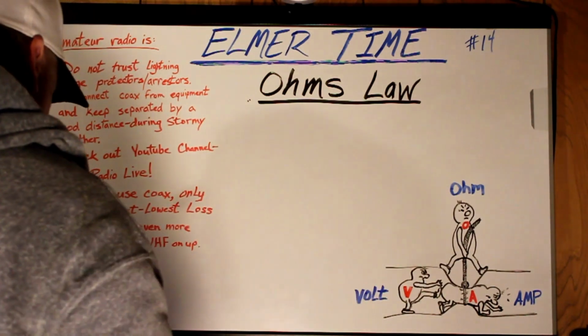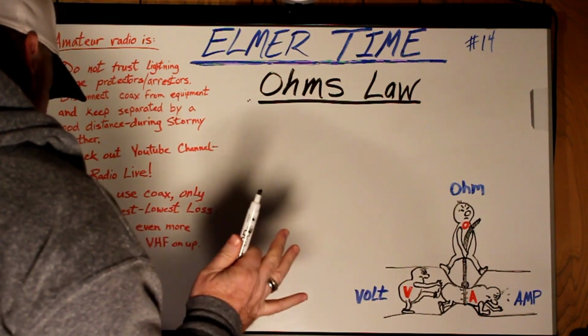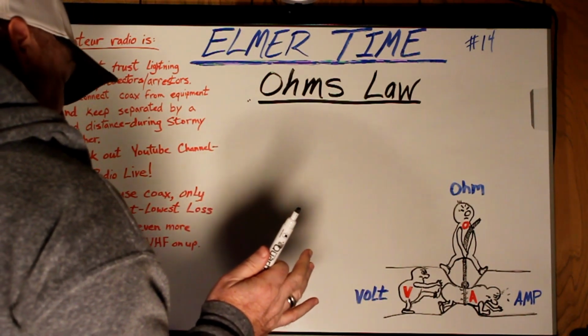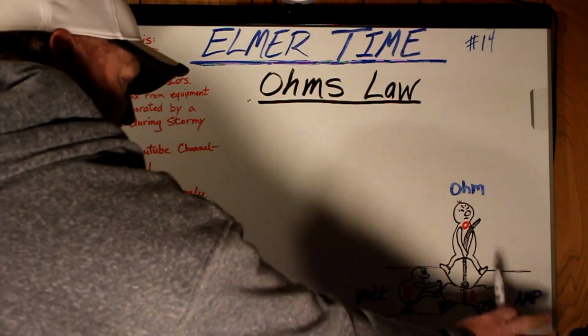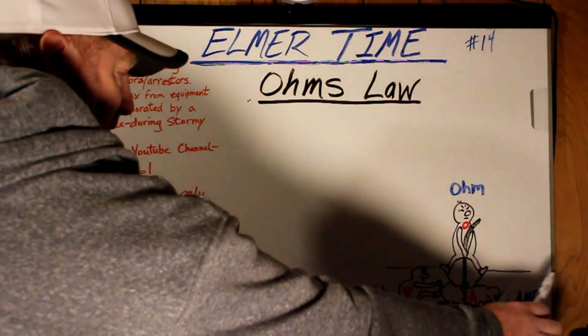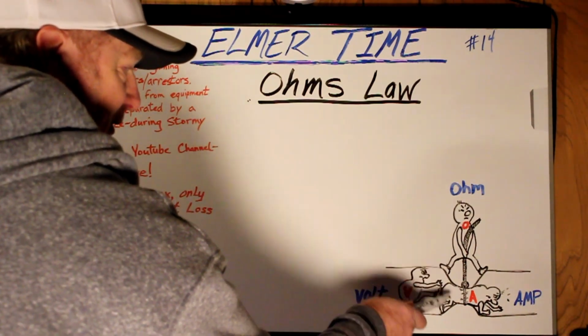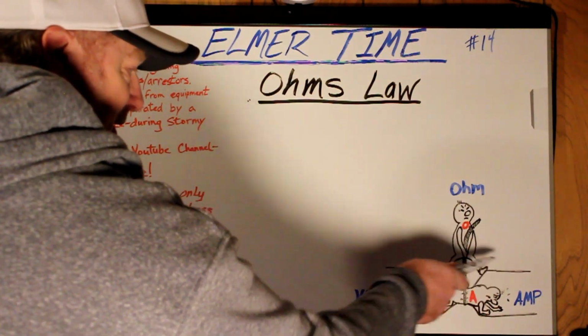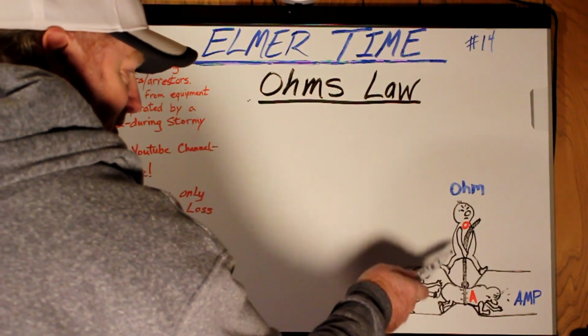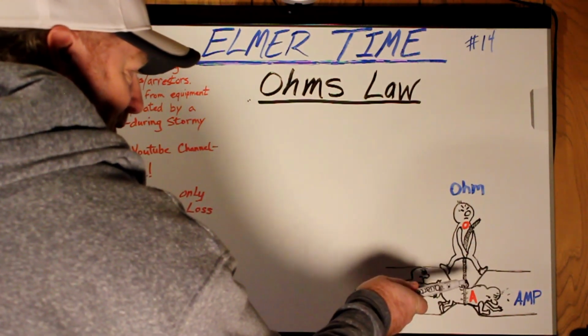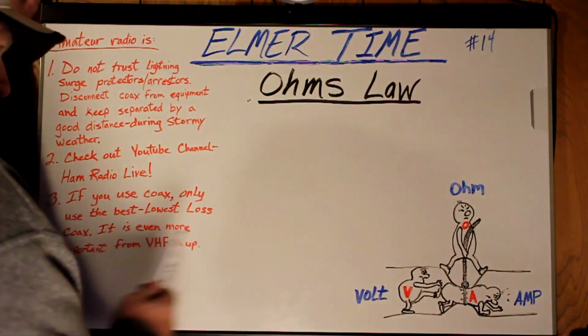Amp, or amps, would be the electrical current, a measurement of current, or the strength of the current being pushed through. And Mr. Ohm there, putting his rope around the wire here and tightening it up, making it harder for amp to flow through. Ohm is resistance.